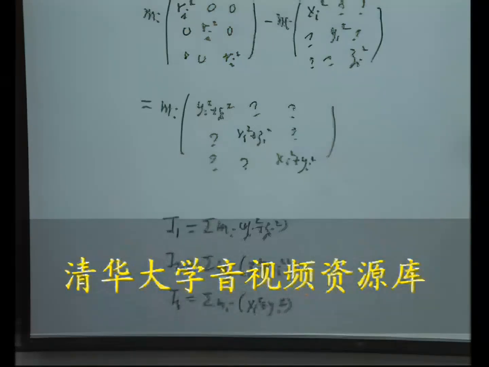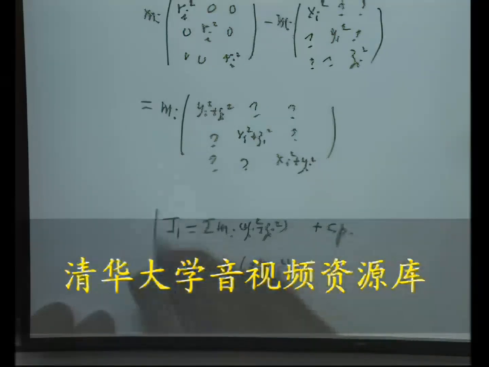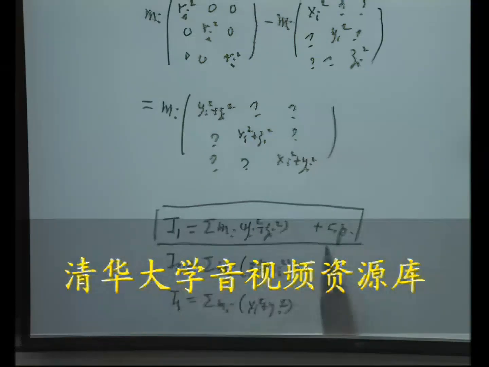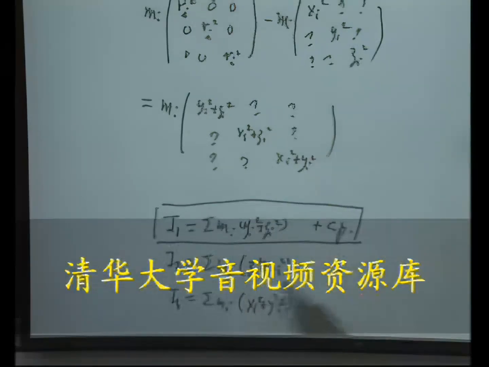By the way, in physics, we usually write these three formulas with CP. CP means cyclic permutation. So you write this equation down, and then you permute it cyclically. Cyclically means x becomes y, y becomes z, z becomes x. So if you use that by cyclic permutation, you get these two equations.